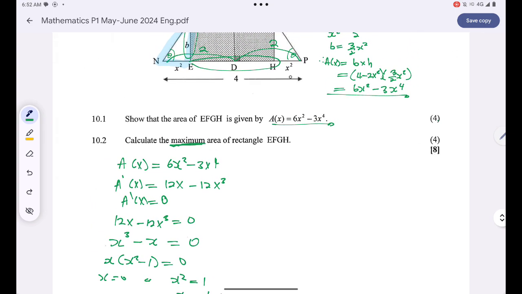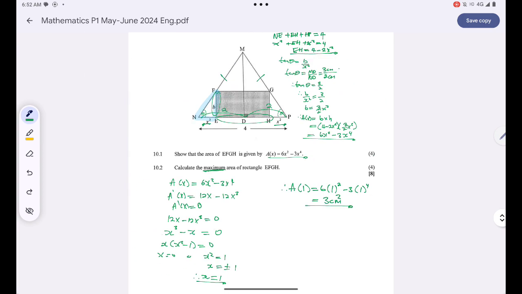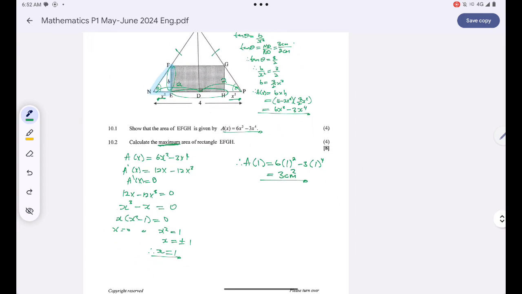We cannot have a negative length. So, for me to find my maximum area, I just need to say A of 1 is equal to 6 multiplied by 1 minus 3 times 1 to the power 4. This will simply give me 3 centimeters squared. So that's how I would find my maximum area.